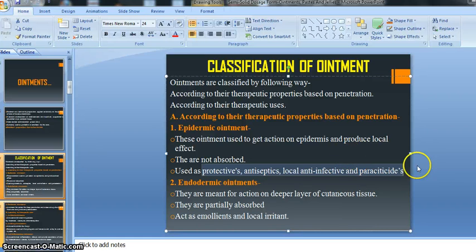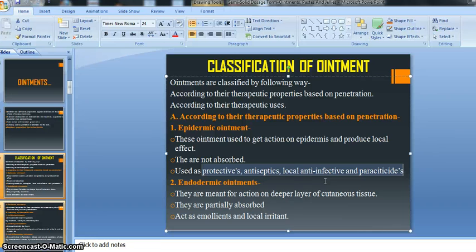So malaria is a parasitic disease. For protection from the parasites there is also epidermic ointment used. As local anti-infective, then antiseptic, which means kill the growth of microorganisms, then protective for protection from sunburn. If we need to protect the epidermic layer of skin, the doctor prescribes a protective epidermic ointment.